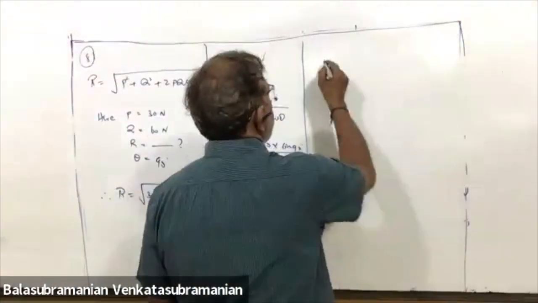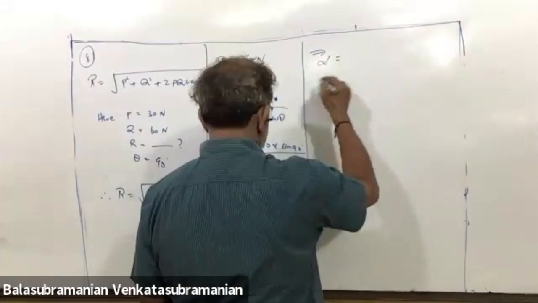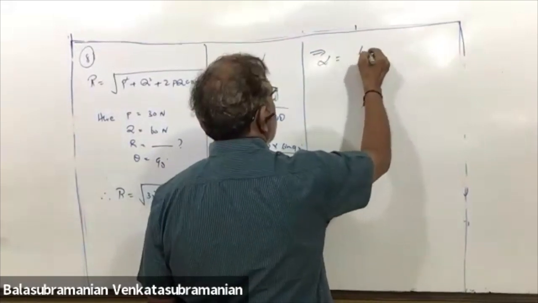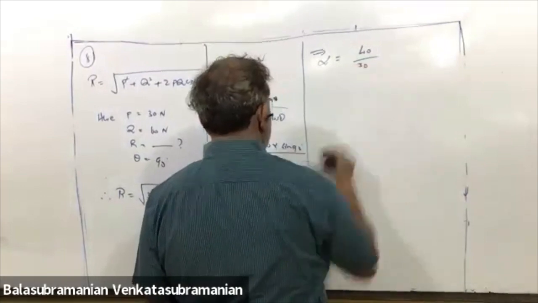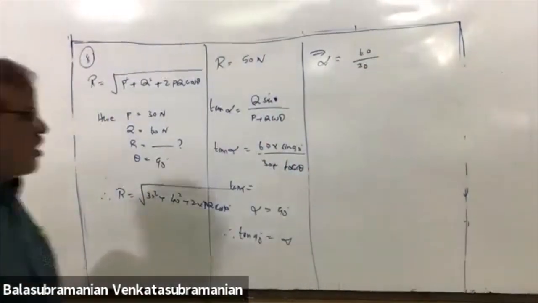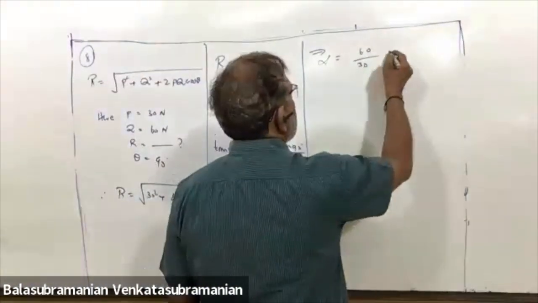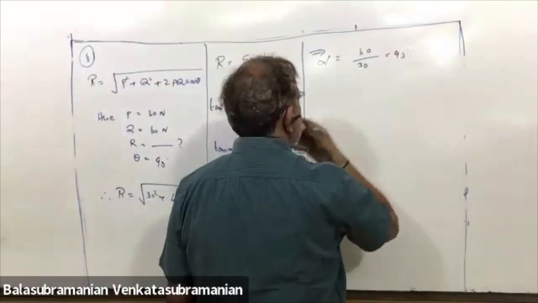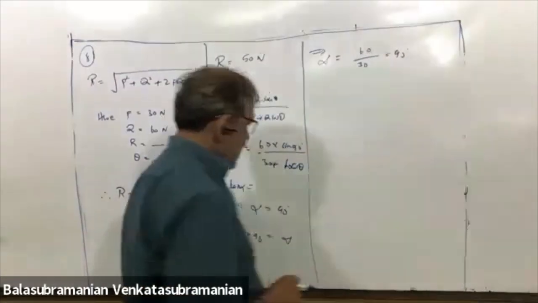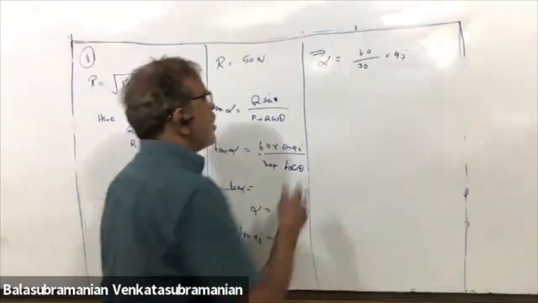Infinity is equal to 40 by 30. Okay, so 90 degrees. Tan 90 is infinity.